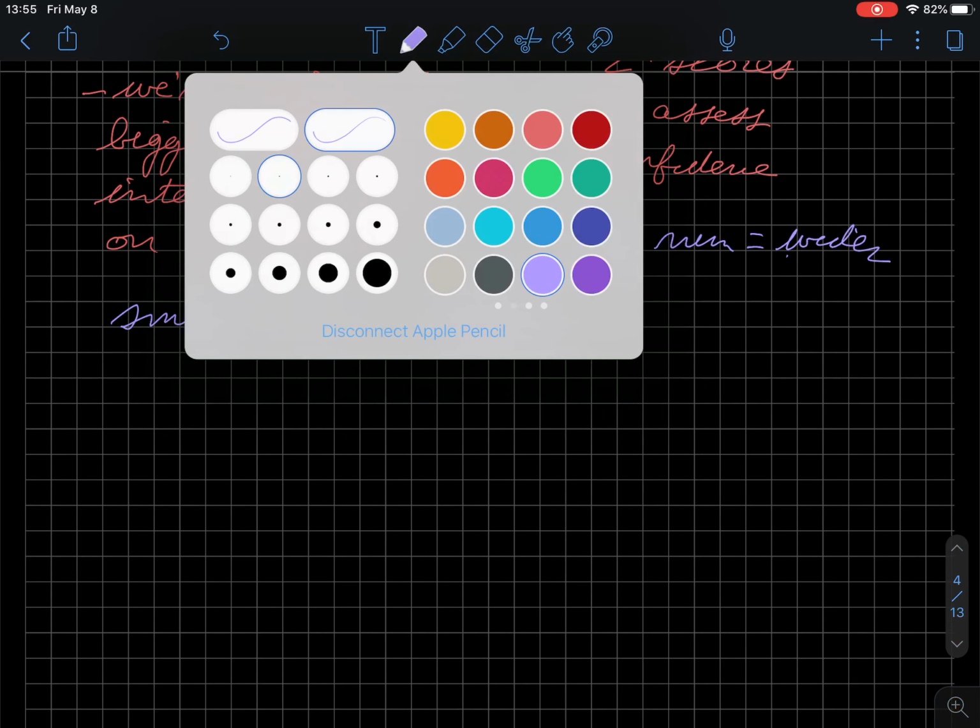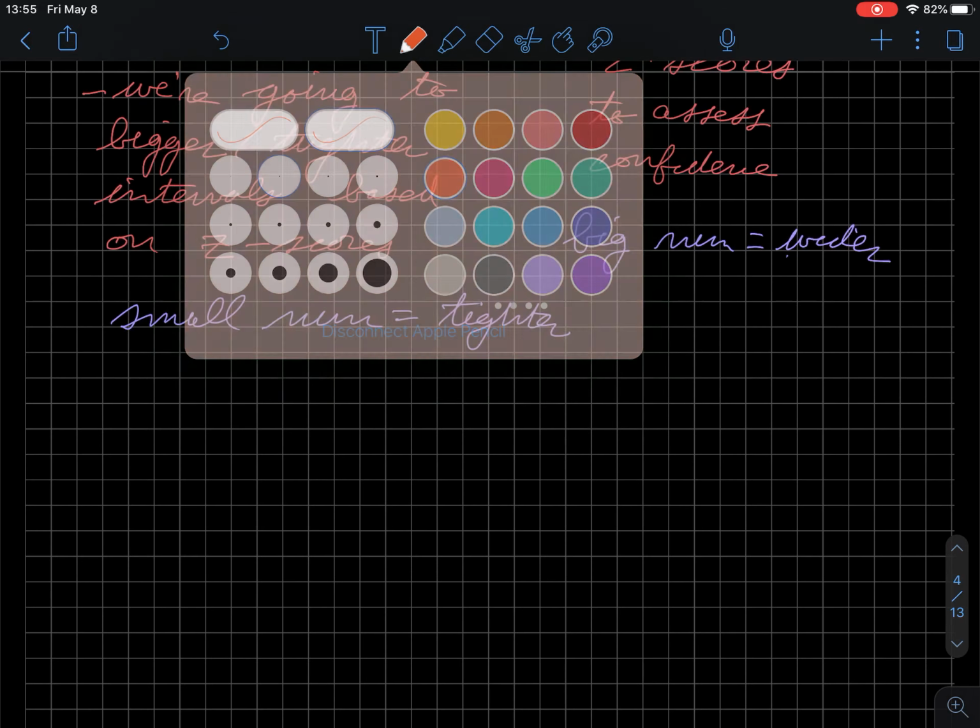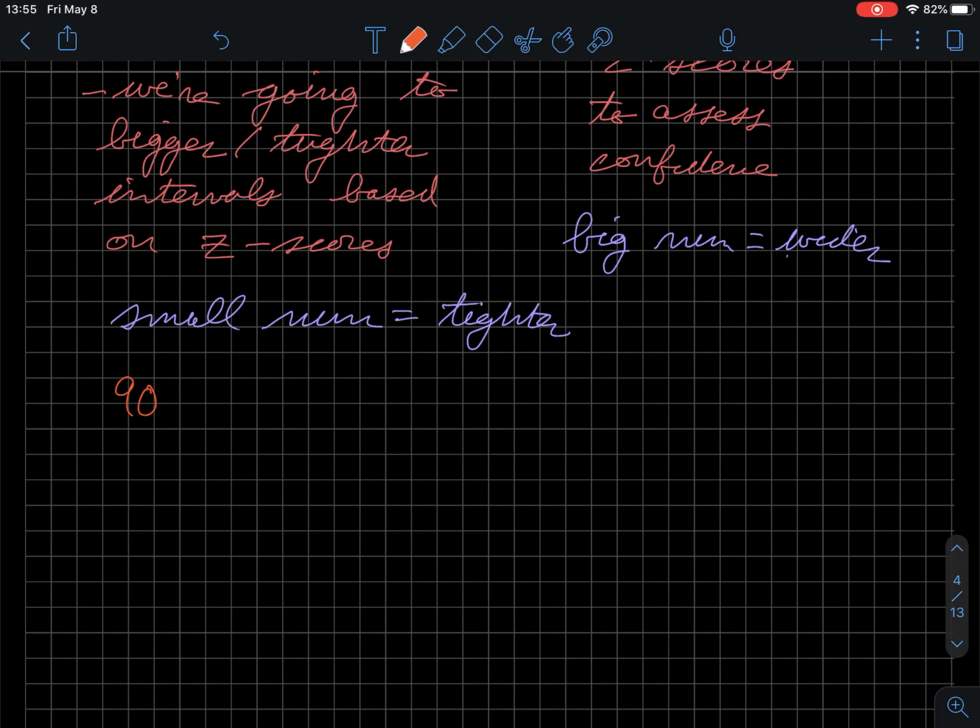We'll leave a little note here at the end. If we wanted 90% confidence, we would make that value 1.645. If we wanted 95%, this value is going to be 1.96. If we wanted 99% confidence, we would make this 2.58.